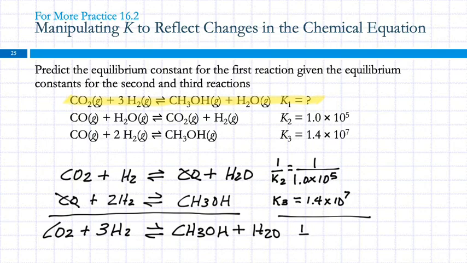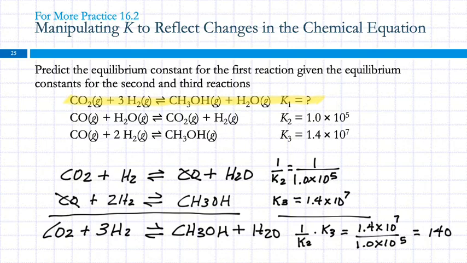So I have 1 over K2 times K3, which is K3 over K2, right? 1.4 times 10 to the 7th divided by 1.0 times 10 to the 5. That's 140.